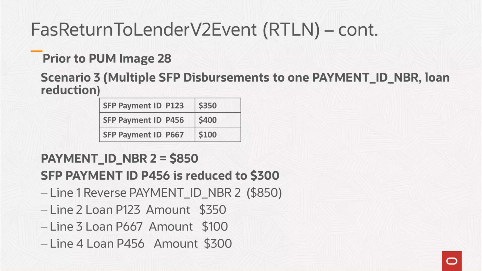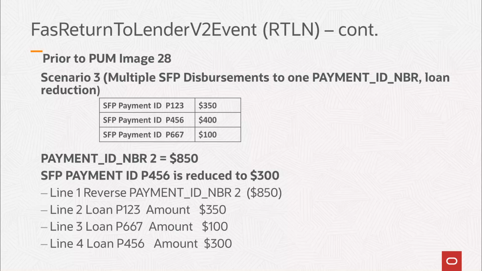CS consumed that event, and the group line rows were created as line 1 reversed payment ID number 2 of $850. Then line 2 would be to add back SFP payment ID 123 for $350.